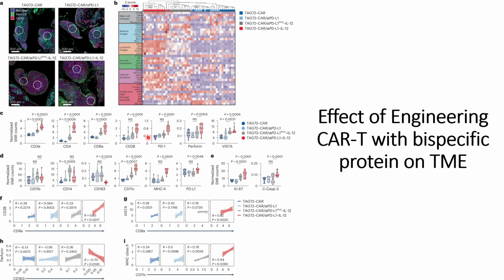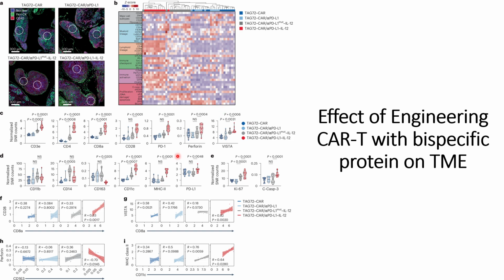Even CD28 shows high, and PD1 is also high, because the more immune response there is, the more the tumor microenvironment will try to make PD1 to suppress the immune response.